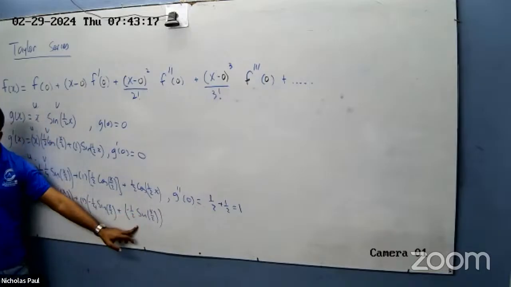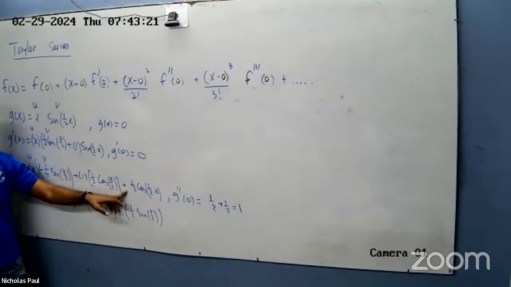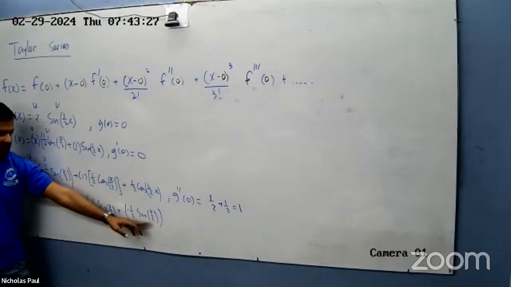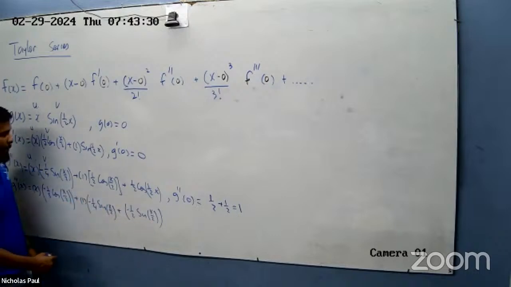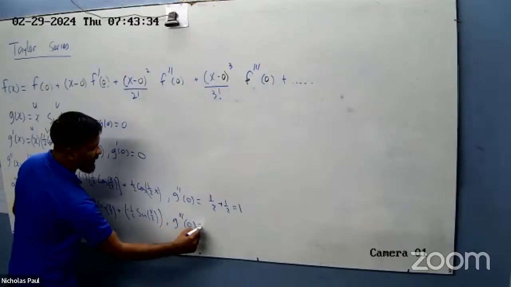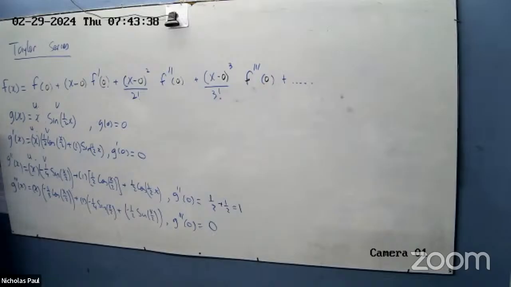The reason I have this is to add them, right? A half and a half is a whole, Andy, right? So this plus is a whole, so the differential of cos a half x is minus a half sine. So now g triple prime 0 is 0. I'll get 0, I'll get 0, I'll get 0.